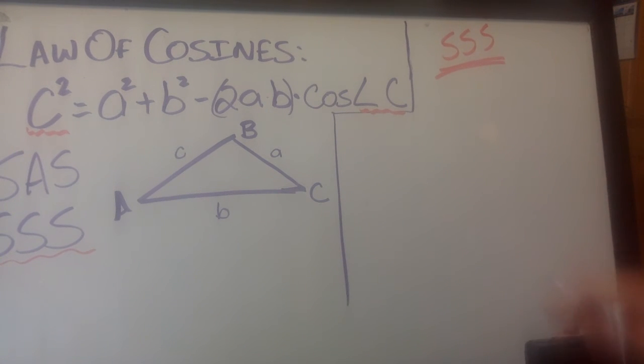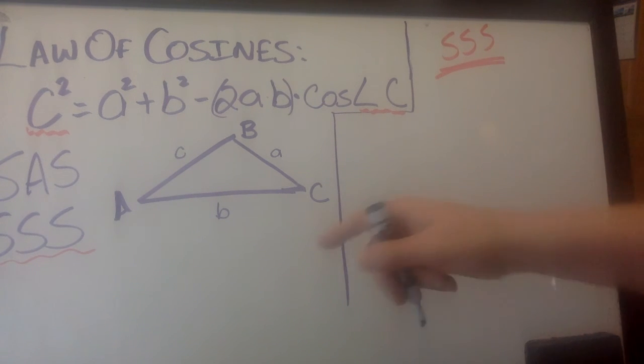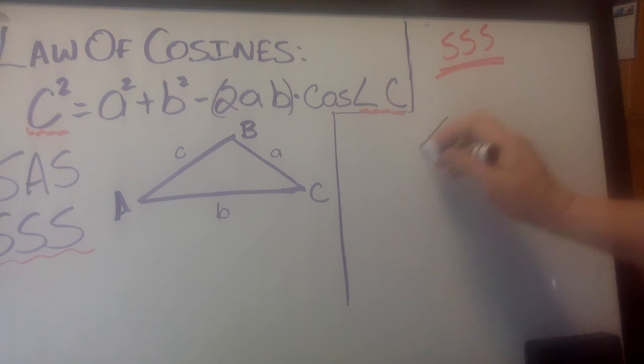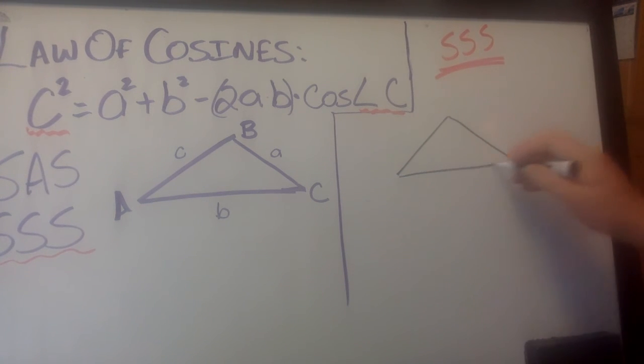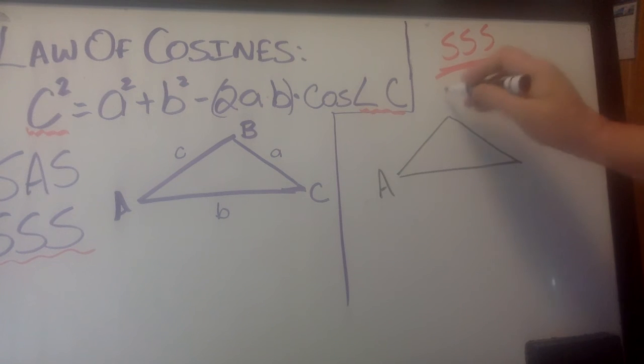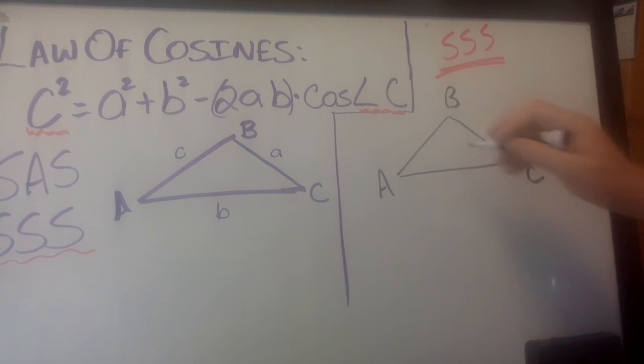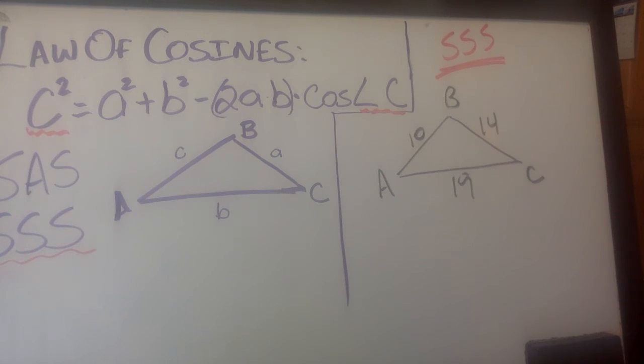The second twist is exactly what we talked about last time. Let's say you're given 3 sides. Let's call this A, B, and C, and this is 10, this is 14, and this is 19.